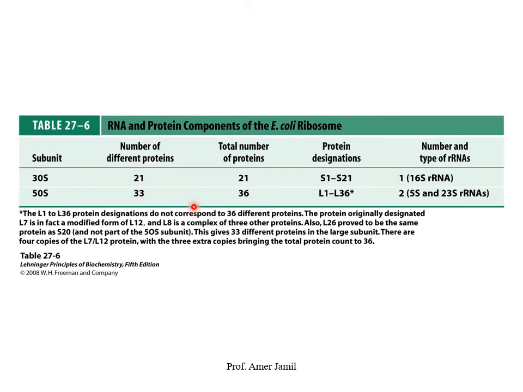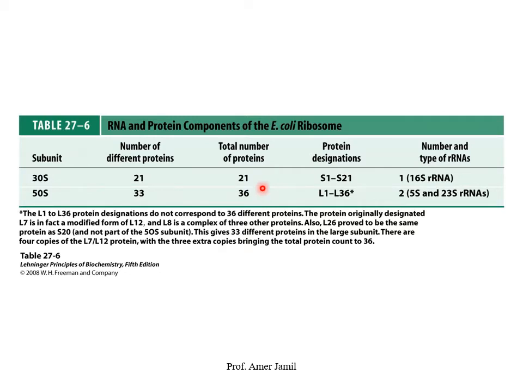If we look at the components of ribosomes, here are the components of E. coli ribosomes. They have two subunits, 30S and 50S, and a number of different proteins are present. There are 21 proteins in the 30S subunit and 33 in the 50S subunit, and the total number of proteins is 21 and 36, meaning some may not be different.